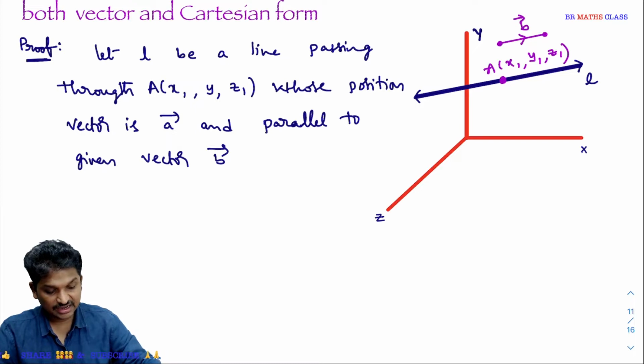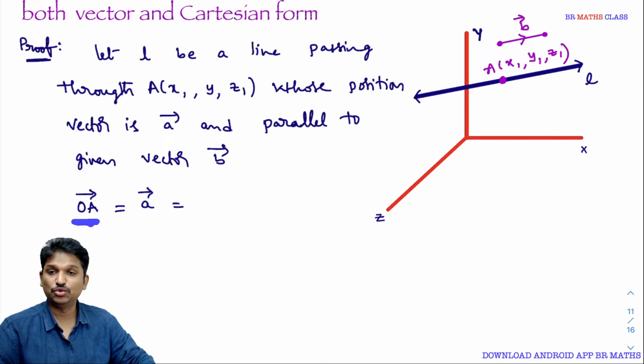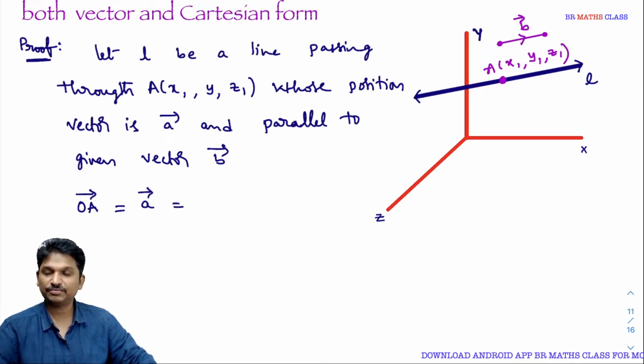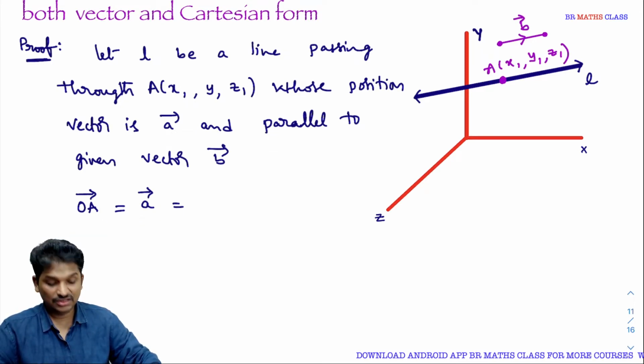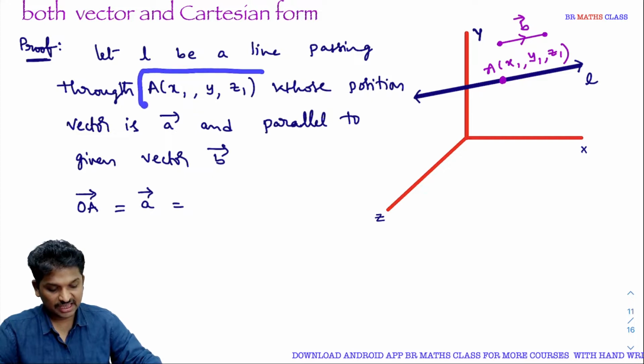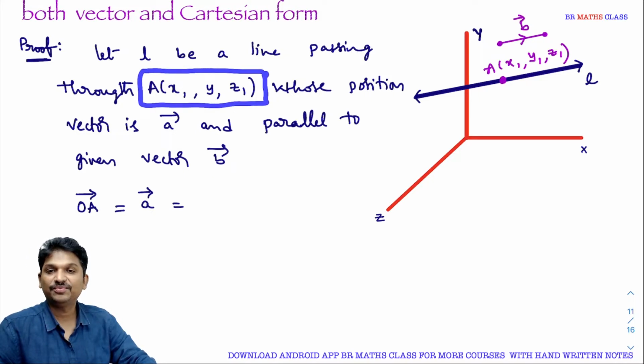Here I will write a few things. What is OA bar? OA bar is the position vector of point A. We took it as A bar. OA bar is A bar. When we know point A, we can write its position vector.